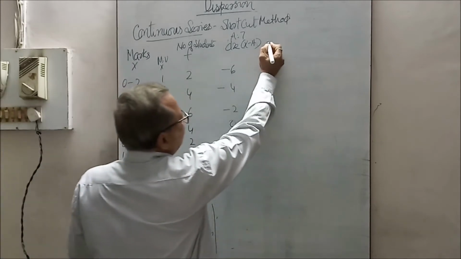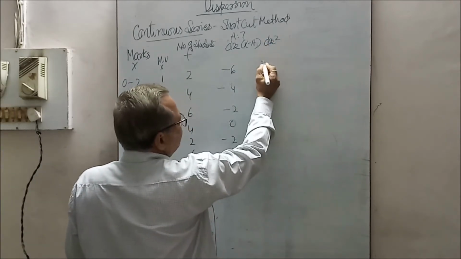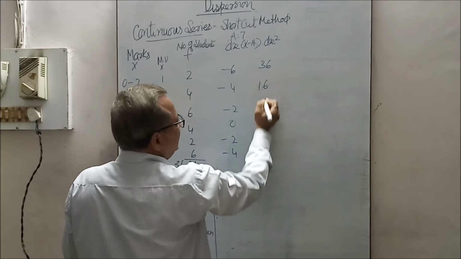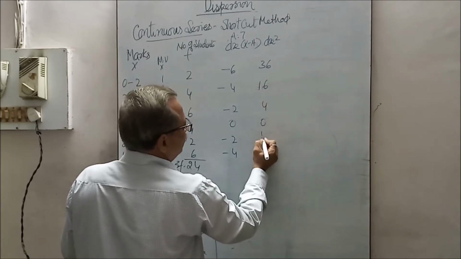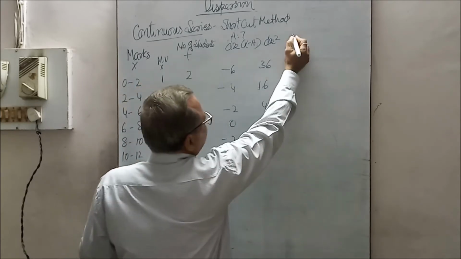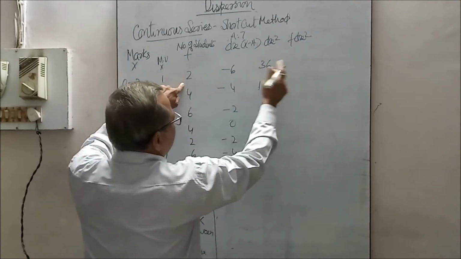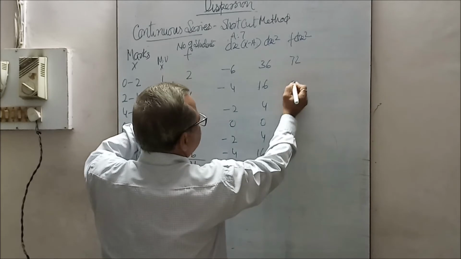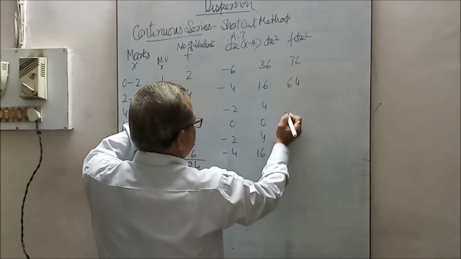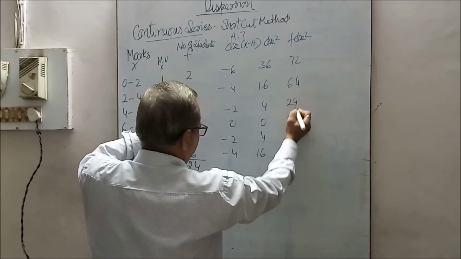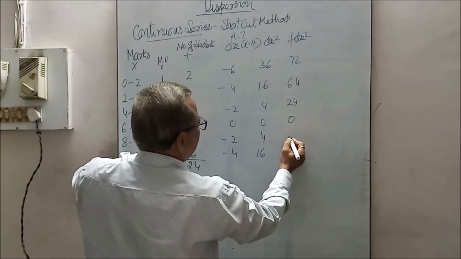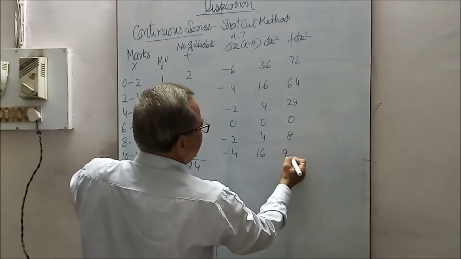Then dx square is 36, 16, 4, 0, 4, 16. Then f dx square is 72, 64, 24, 0, 4, 8. This is 96.